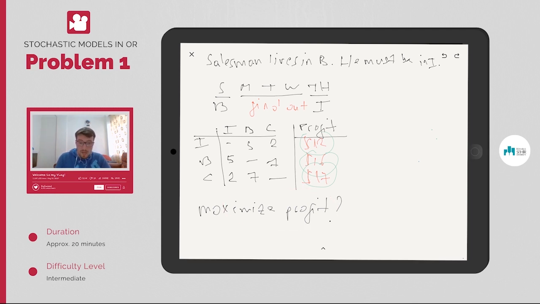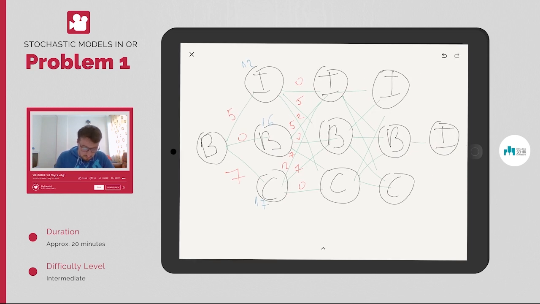Now, to have a better understanding of the question, I have created a diagram in which we see the network we can take. For example, if we are in Bloomington, we can either go to Indiana, stay in Bloomington, or go to Chicago.